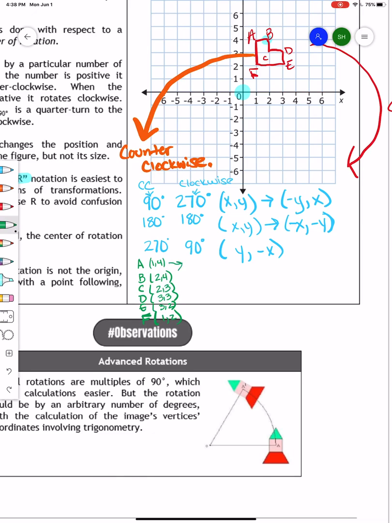Now I'm going to show you my primes. In this case, we are going to rotate 90 degrees clockwise.